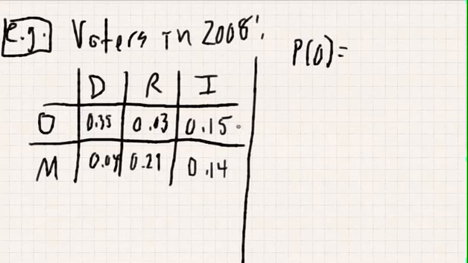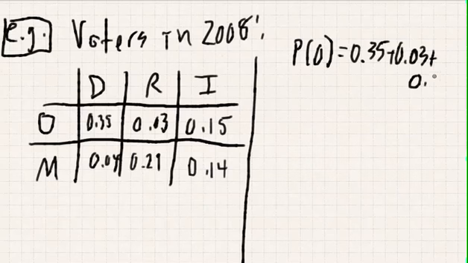Well, I would just add up all of the numbers in the first row because those are all the different percentages of people voting for Obama. So it's 0.35 plus 0.03 plus 0.15, and that is equal to 0.53. So 53% of the people voted for Obama.